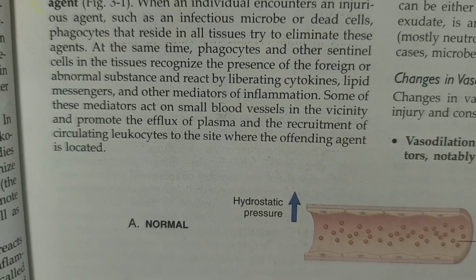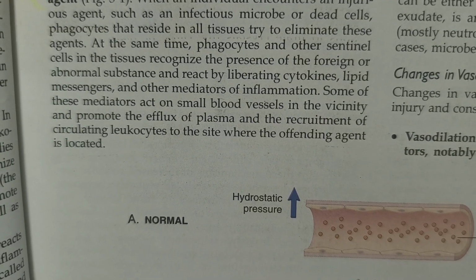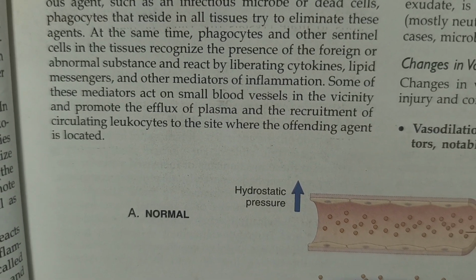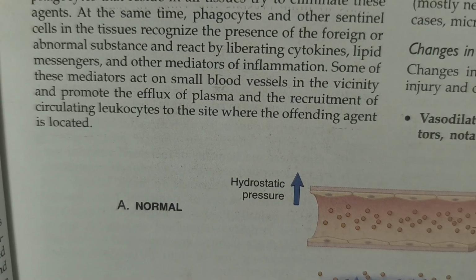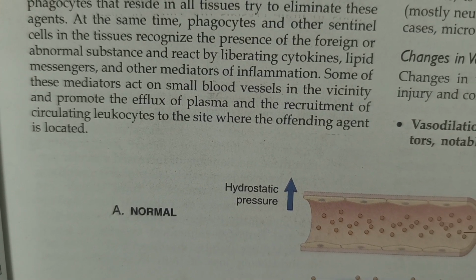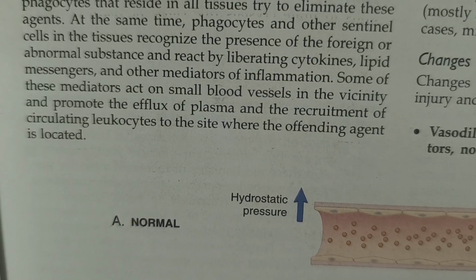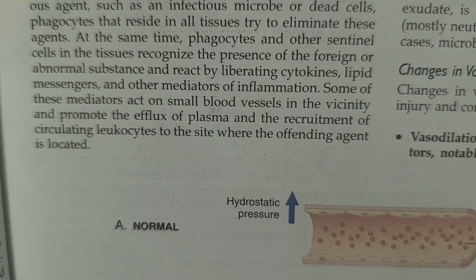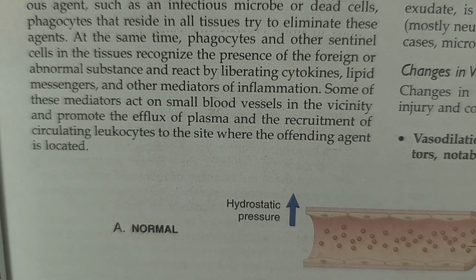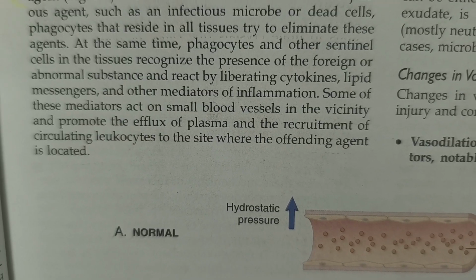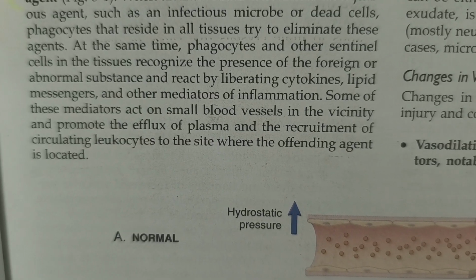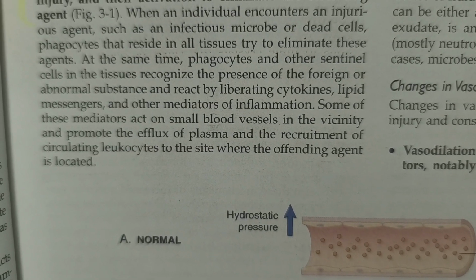So, first the phagocytes residing in the tissue try to eliminate the agent, and at the same time phagocytes and other sentinel cells in the tissue recognize the presence of foreign or abnormal substances and react by liberating cytokines, lipid messengers, and other mediators of inflammation.